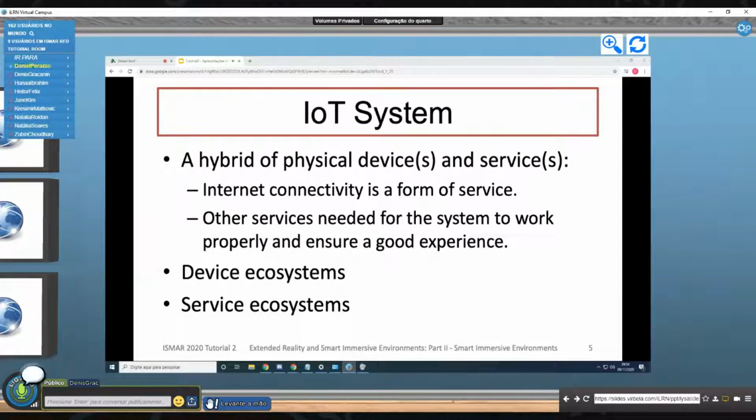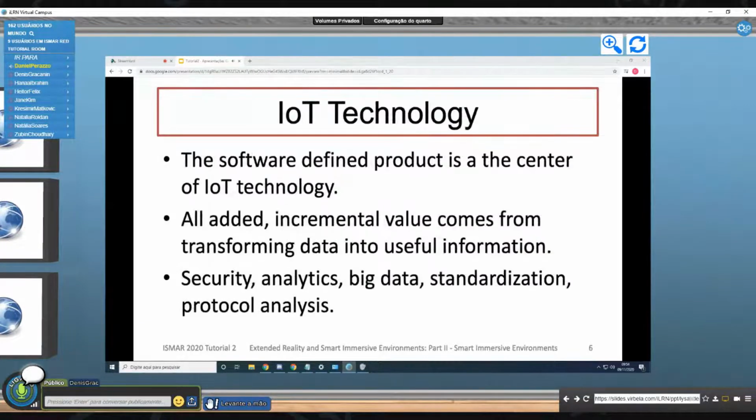So what is an IoT technology in that case? When we talk about IoT, at the center of the technology are software-defined products. Why? Because all the added incremental value that comes from IoT comes from transforming data collected by sensors into useful information.